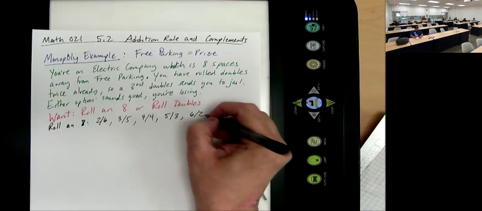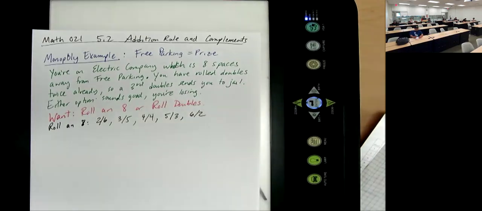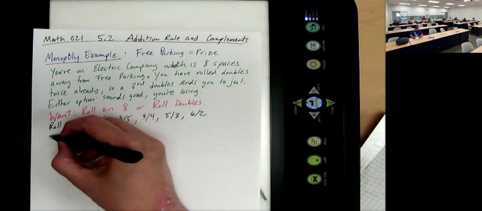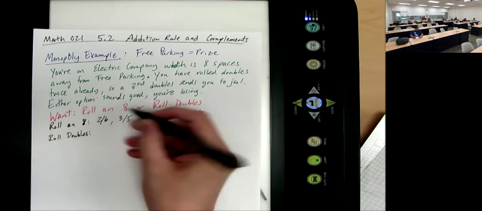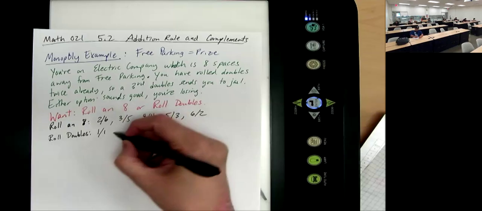You'd also roll a 6 and a 2. Let's say the first die is a red die and the second die is a white die, you can clearly see that there are different outcomes. If we want to roll doubles, you need these to match.